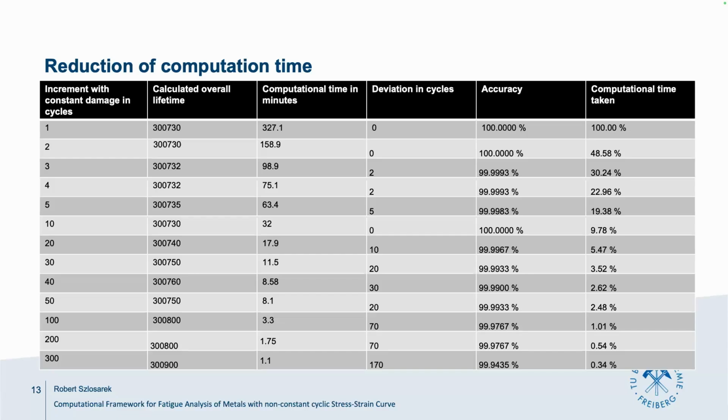The impact on the computed lifetime in this example is not that big, but you can reduce your computational time massively, to 5%, by using an approach with 20 cycles of constant parameters. So it is an issue, but you can reduce it.